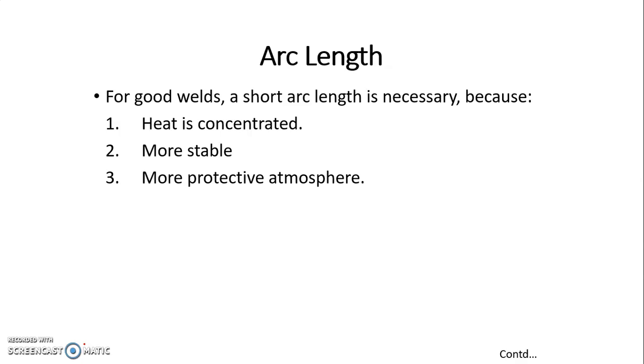For getting good welds, a short arc length is necessary because it permits the heat to be concentrated on the joint, and it is more suitable due to the reduced arc blow effect. After this, I am going to discuss the arc blow effect.